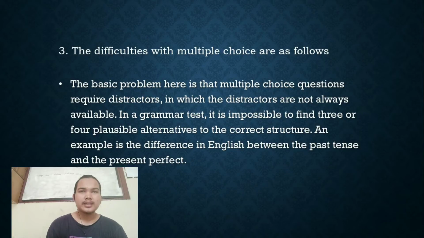In a grammar test, it is impossible to find 3 or 4 possible alternatives to the correct structure. An example is the difference in English between the past tense and the present perfect.